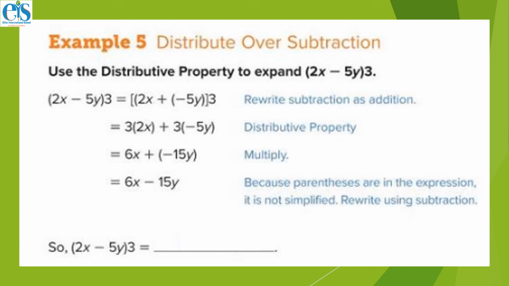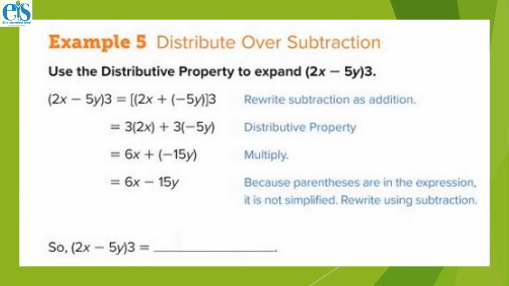Why? Because we rewrote the subtraction as addition. And then we apply the distributive property, distributing the 3 to all the terms within the parenthesis. The first term is 2x and the next term is negative 5y. So we rewrite 3 times 2x plus 3 times negative 5y.